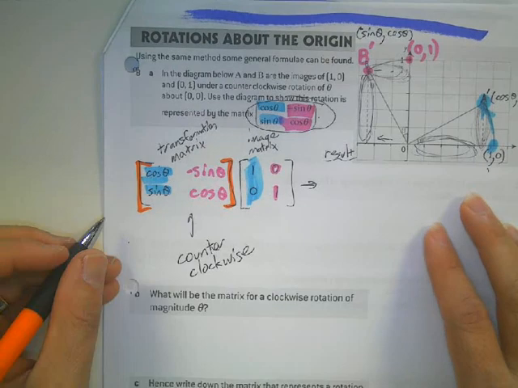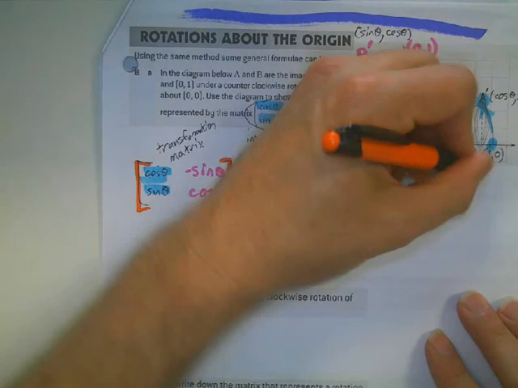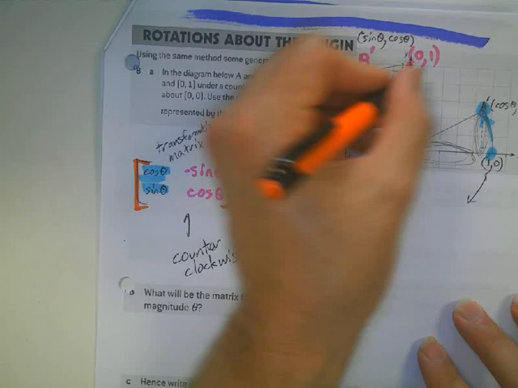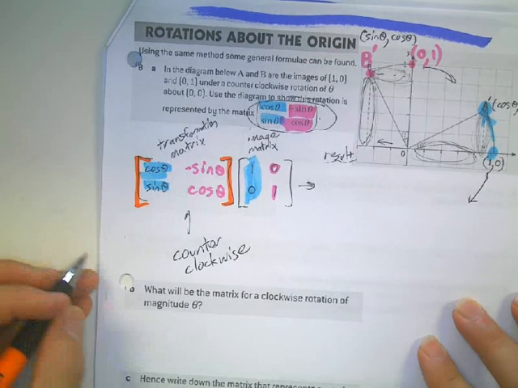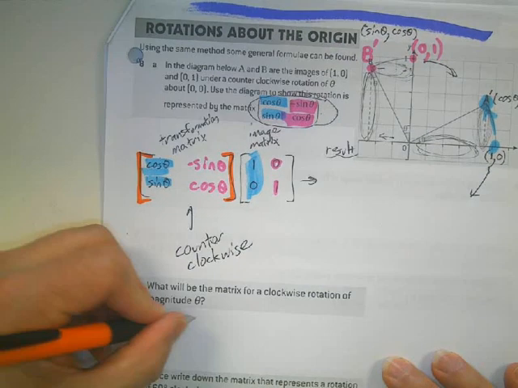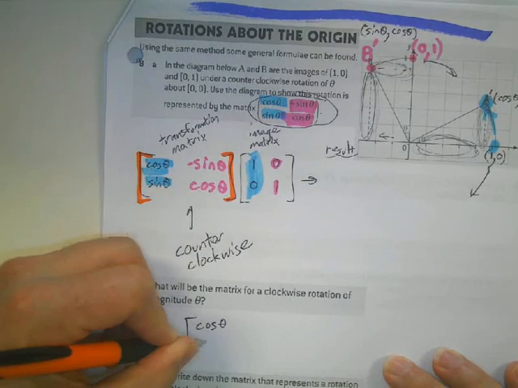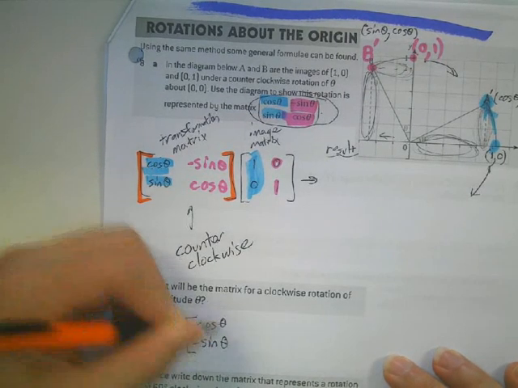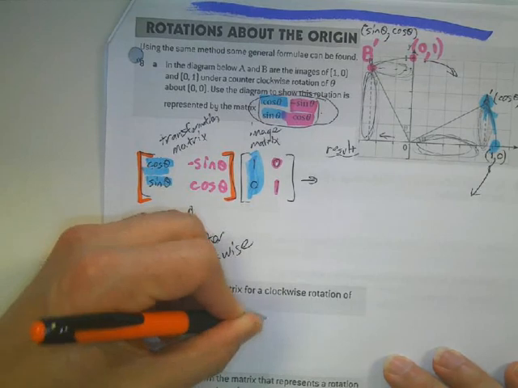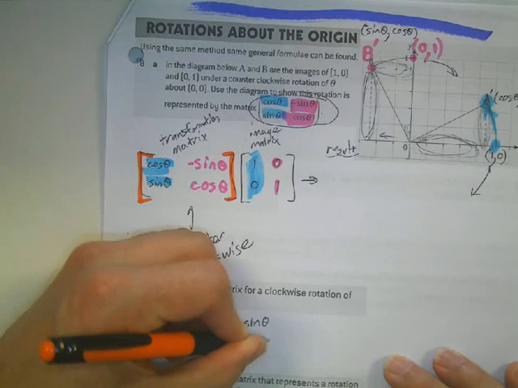To go clockwise, it's going to go this way instead. We could go through a similar explanation, but it's going to be cosine theta, negative sine theta, and so on.